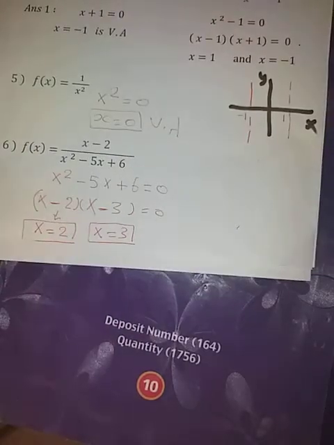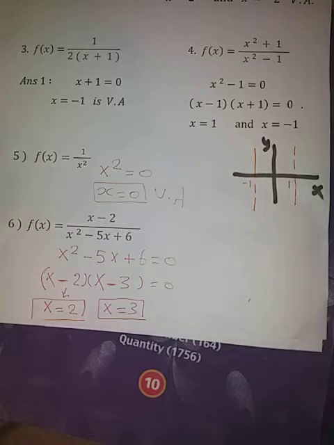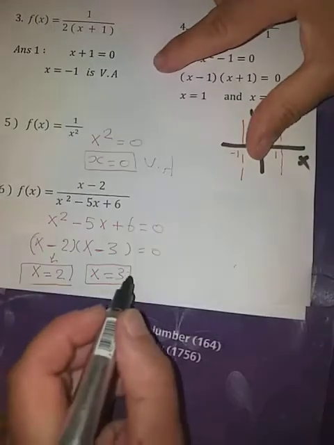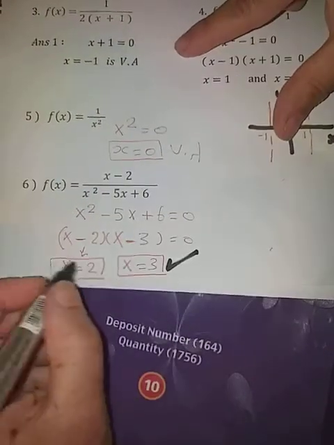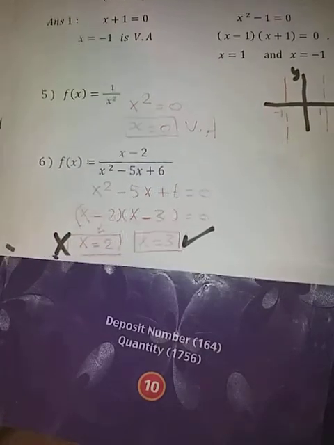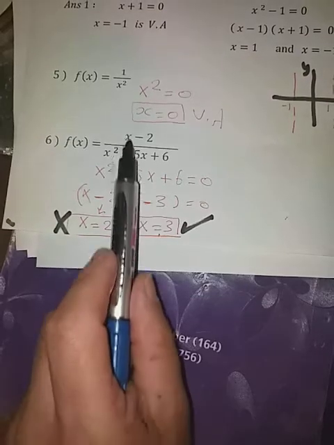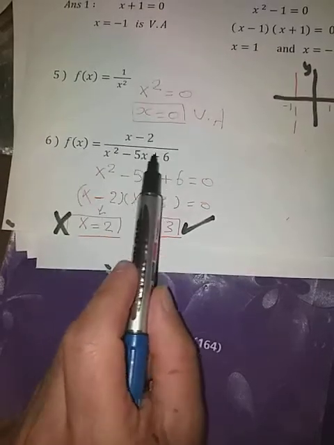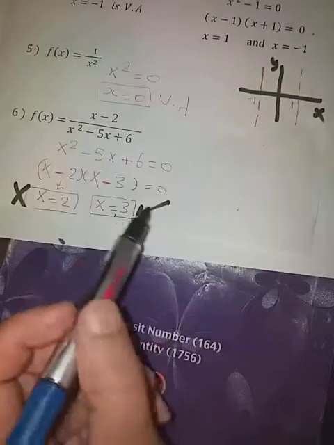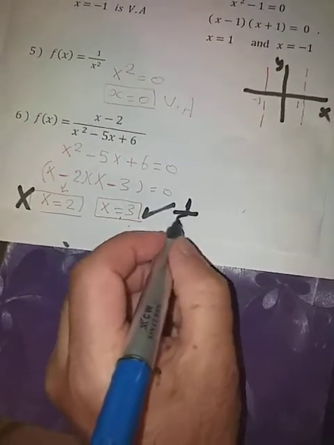No. This one is a vertical asymptote, but this one is not. Why? Replace x with 3 and it will be 1 over 0.